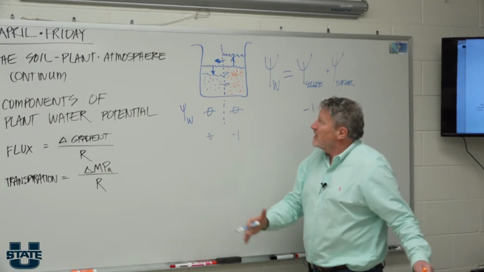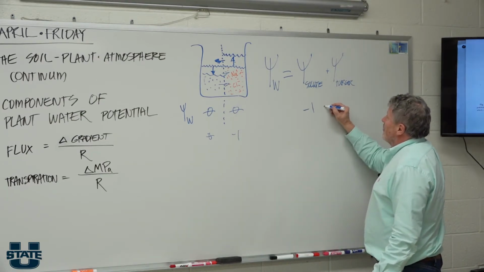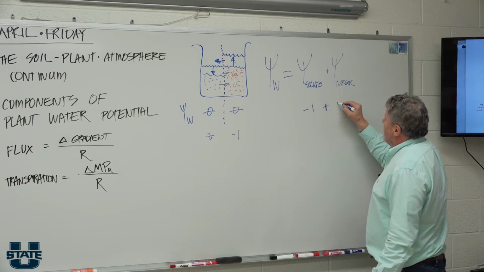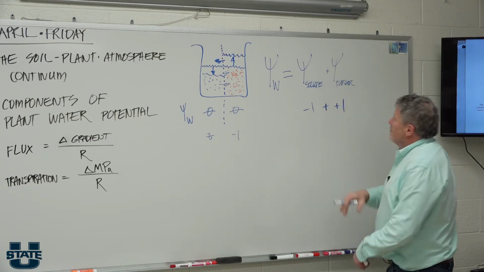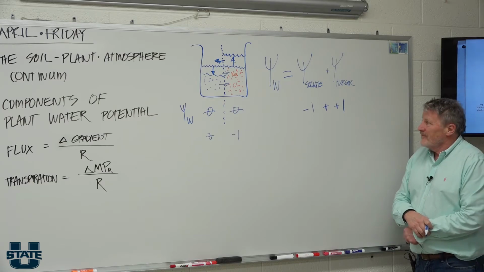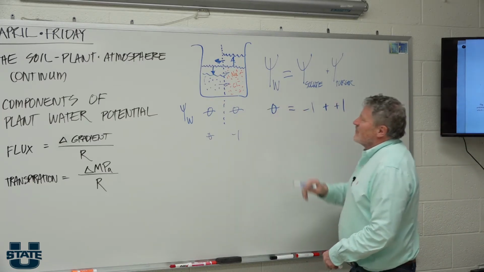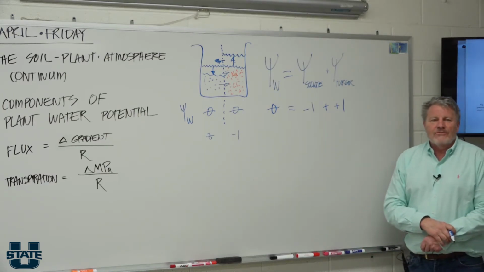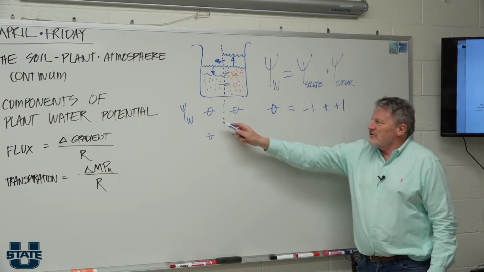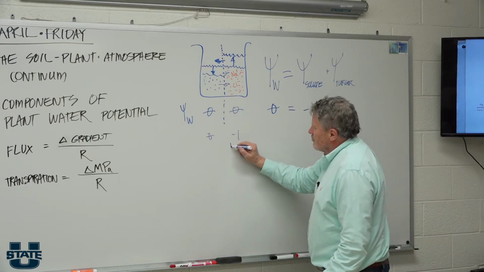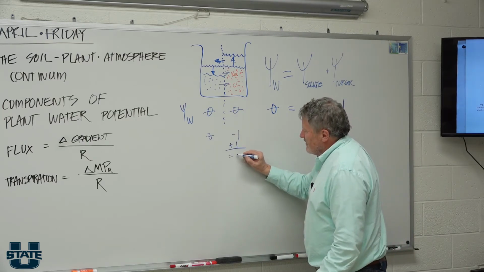So it's pressurized, and that's turgor. And turgor is always a positive number. So the math gets really easy. The whole system is still at 0. But one side is 0, and the other side is -1 plus 1 equals 0.